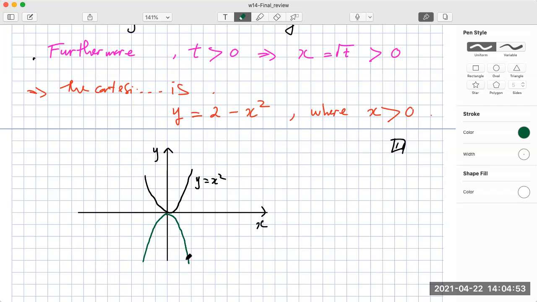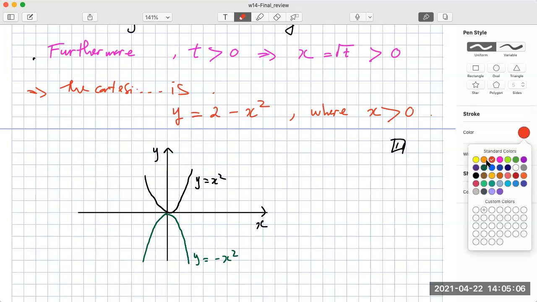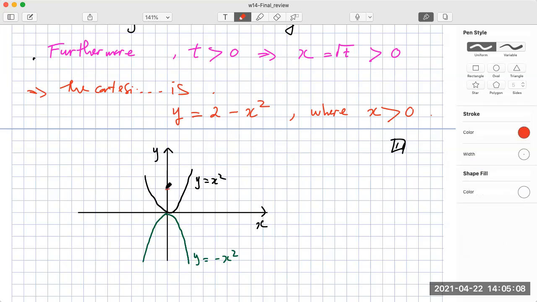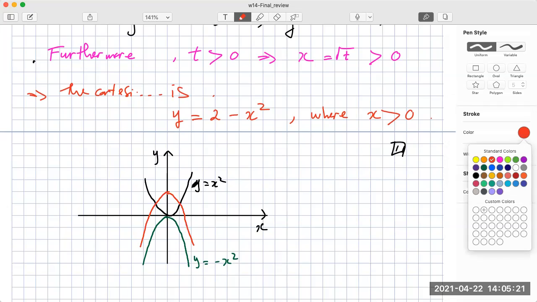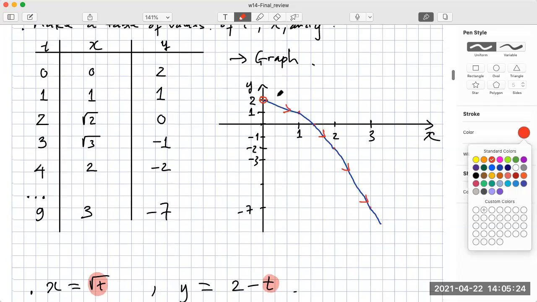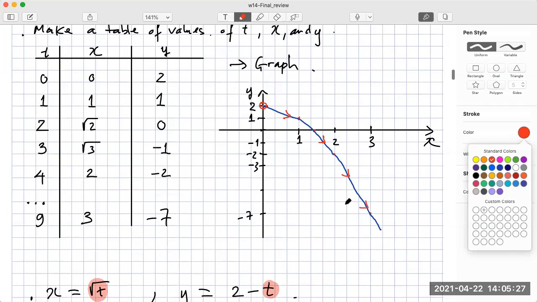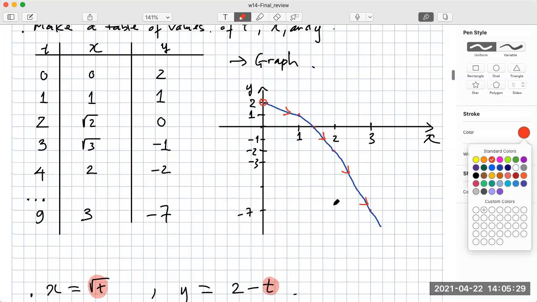The properties of the graph. This is x squared, then here will be y is equal to negative x squared. Flip to negative values. And then if we add 2 to this curve, if this is 2, then the curve becomes this, right? And here, it makes sense. Here is the curve quite similar to what we have here, right? So we are confident with the solution now.